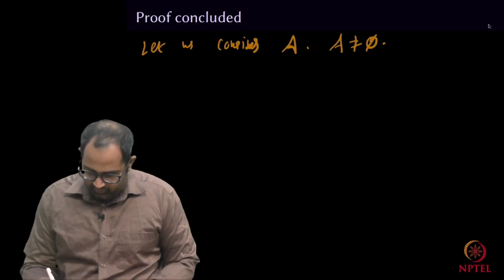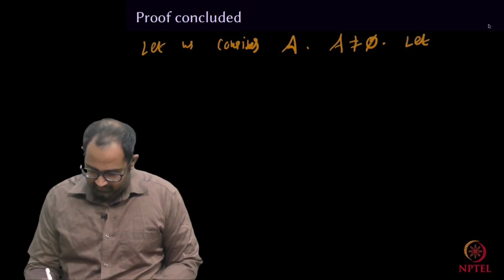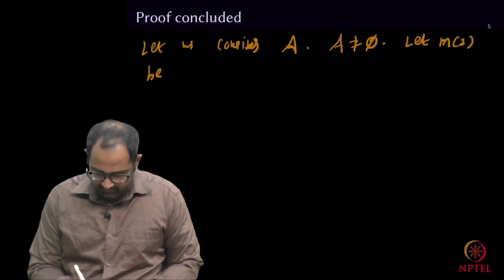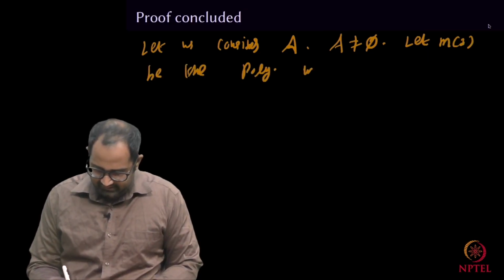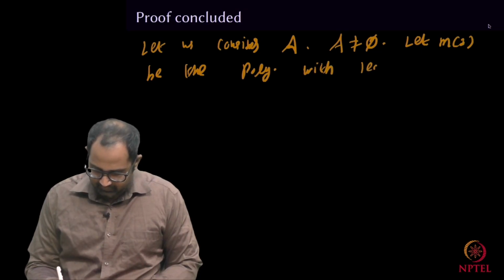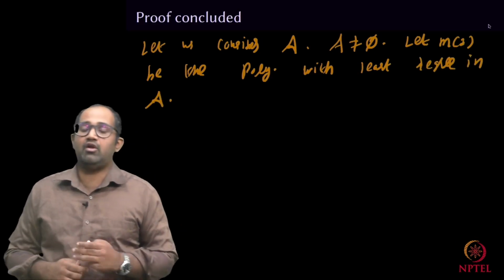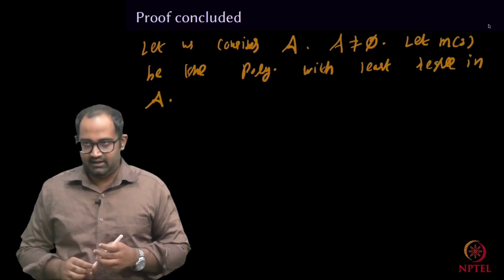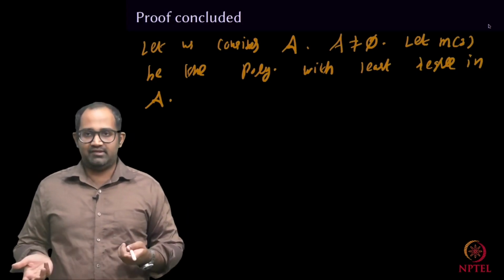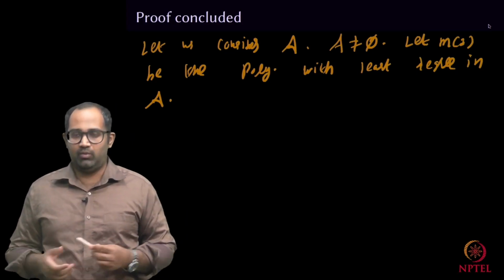Now what I am going to do is let m of z be the polynomial with least degree in A. Consider the polynomial with lowest degree in A. Well, this obviously exists. There must be a polynomial of lowest degree.